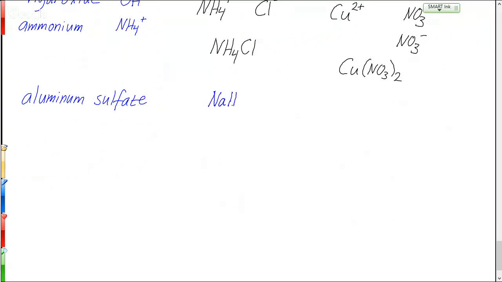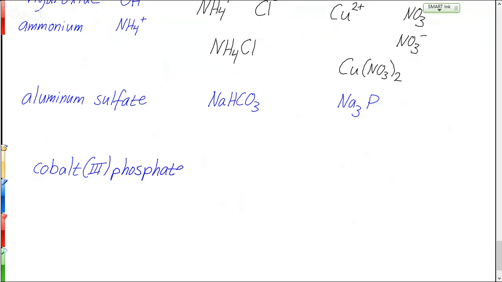Then we're going to write a name for NaHCO3. Na3P. Cobalt 3 phosphate. SnF2.